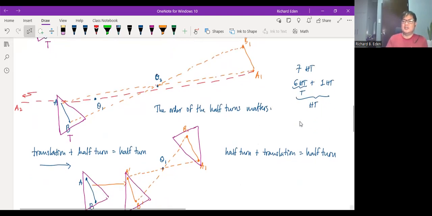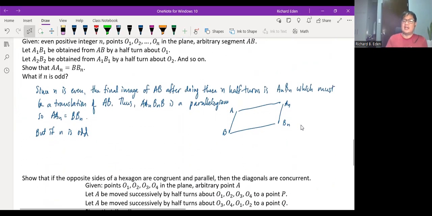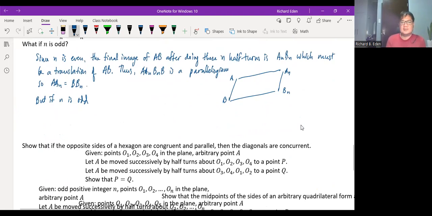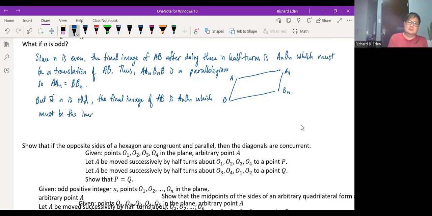So in other words, when we do an odd number of half turns, the result is the same as a single half turn, just at some particular center. That's some center.